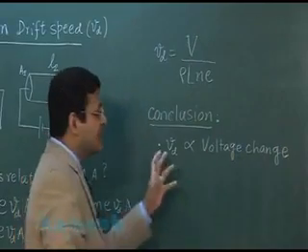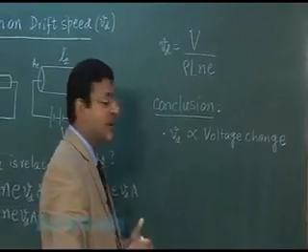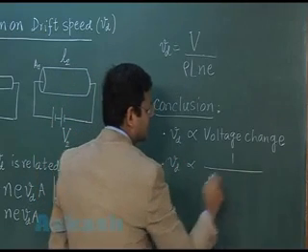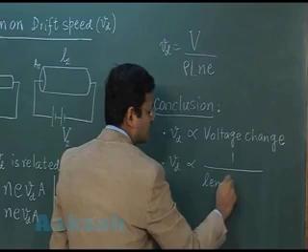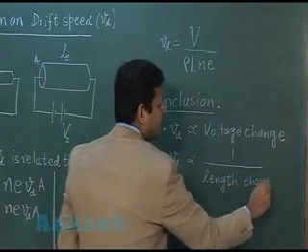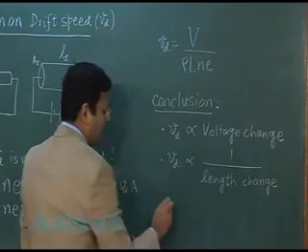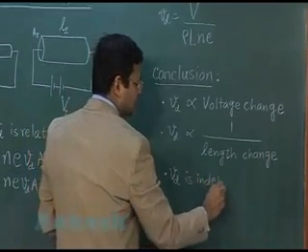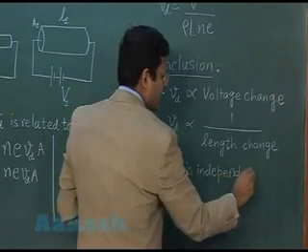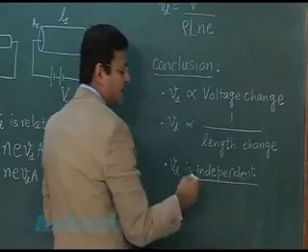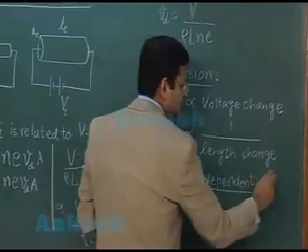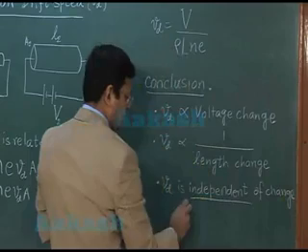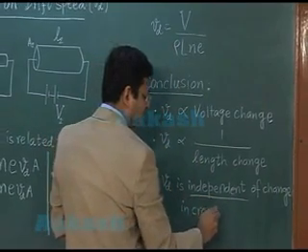When voltage increases, drift speed accordingly increases. Drift speed is inversely proportional to length change. If length increases, drift speed will decrease. And Vd is independent of change in cross-sectional area. This is a very important matter.